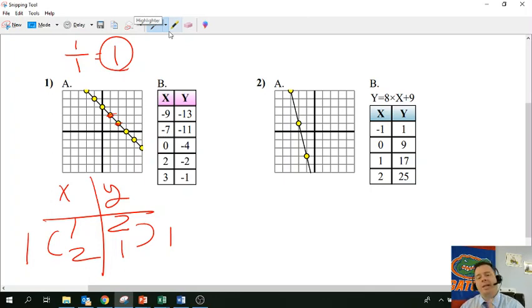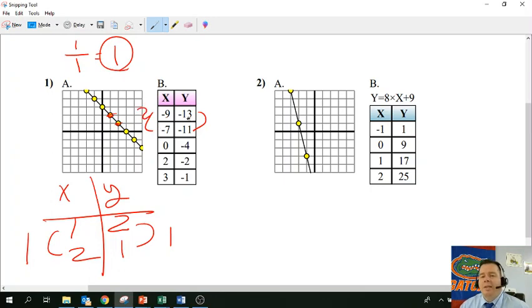Now we're going to compare that to the function table that we have and determine what the rate of change is there. All we need are two fixed points. It doesn't matter if it's this and this, or this and this. We're just looking for two. So we can just take these two and these two, and we look for the difference. The difference between -9 and -7, of course, is 2.